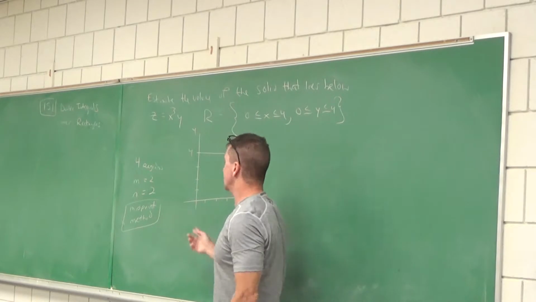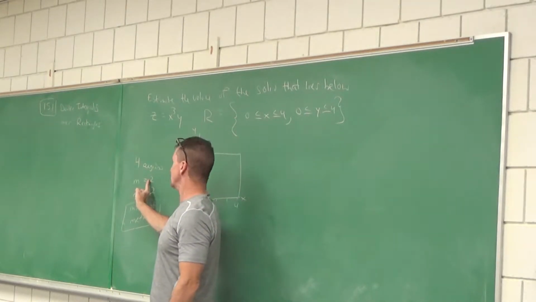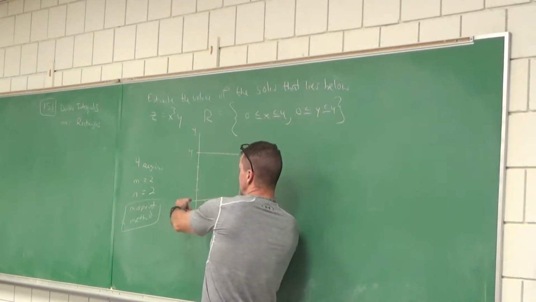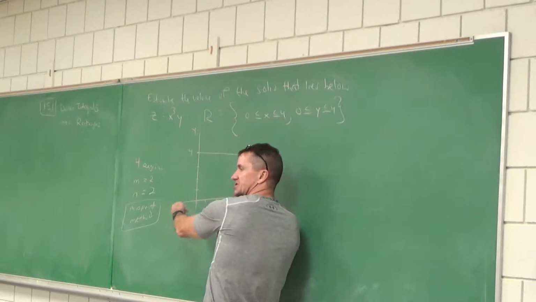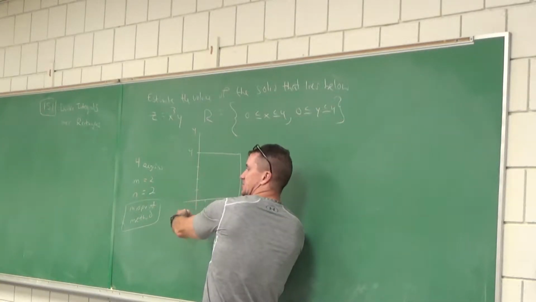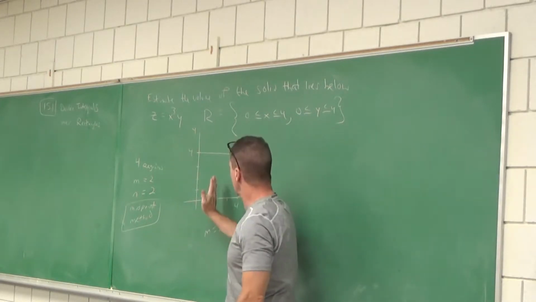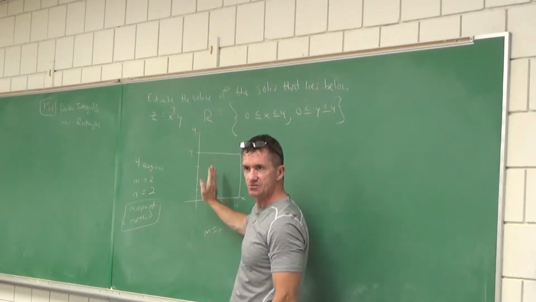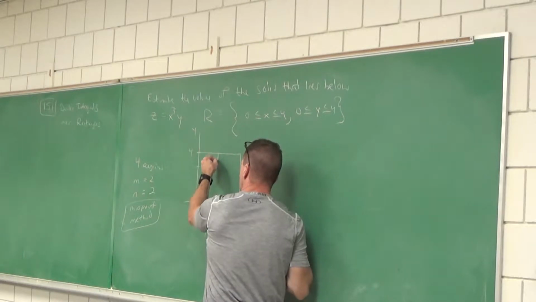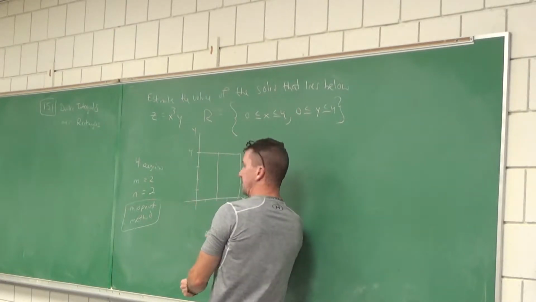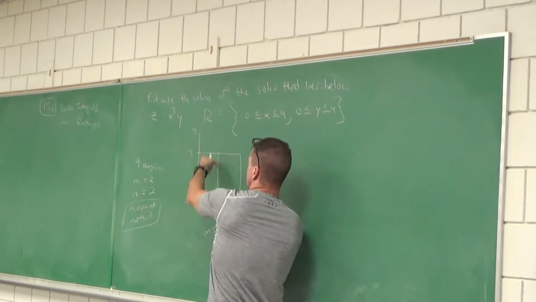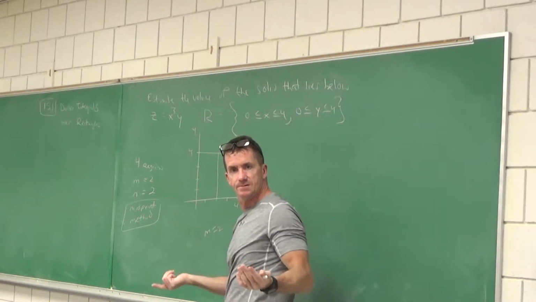Now I can talk about what the heck this m equals 2 means. M is for x. They're telling you how many ways you split up the sections here. They want you to split this up into 2 sections. So if m equals 2, that means I'm going to break up this section right here into 2 sections. So I'll just put a line right there. But if this had m equals 4, I would have done 1, 2, 3, 4. All right.